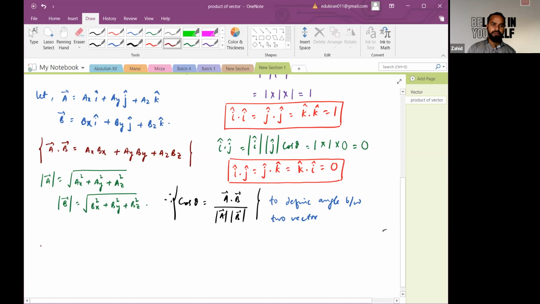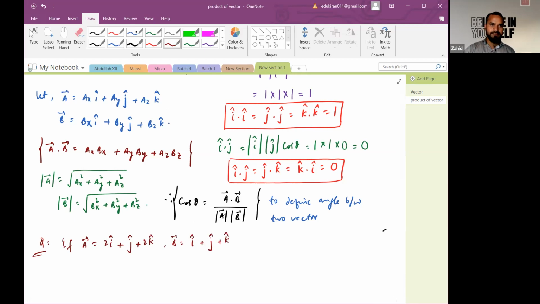Using this formula, try to find: if A is equal to 2i cap plus j cap plus 2k cap, and B is equal to I cap minus j cap plus k cap.